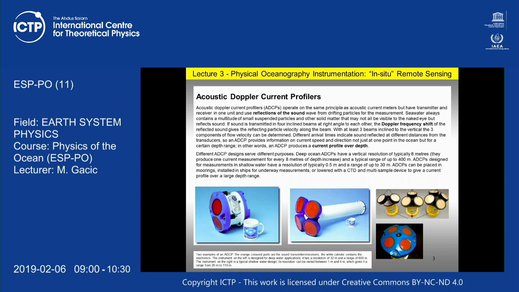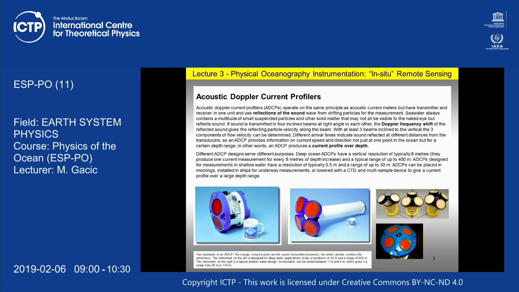So an ADCP provides information on current speed and direction not just at one point, but for a certain depth range. In other words, an ADCP produces a current profile over the depth. This is a very important property of this instrument, because it gives you the current profile at different depths.